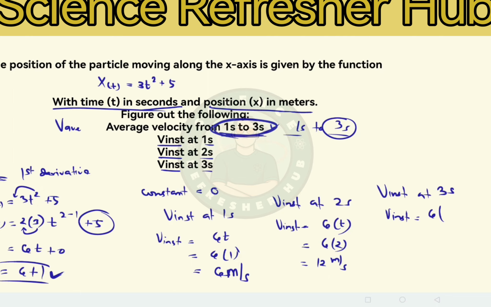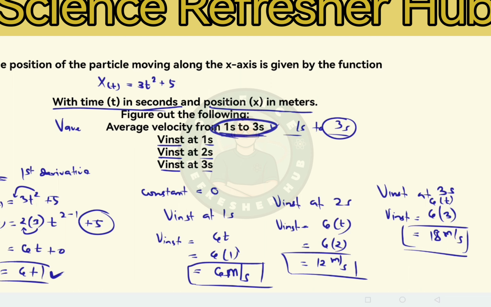All you have to do is 6 times 3, that's from 6t, right? And then we will have 18 meters per second. These are our instantaneous velocities. At 1 second, positive, so it's going to the right, 6 meters per second. At 2 seconds is this instantaneous velocity, and at 3 seconds, this is our instantaneous velocity.